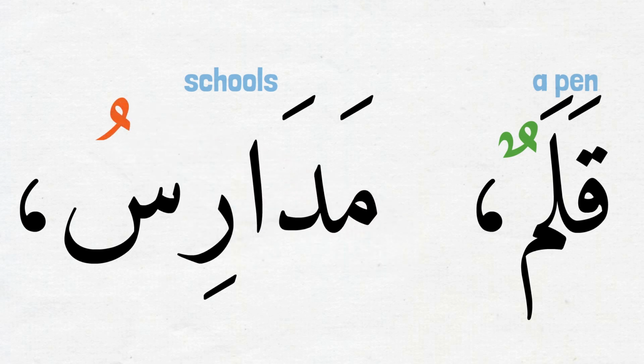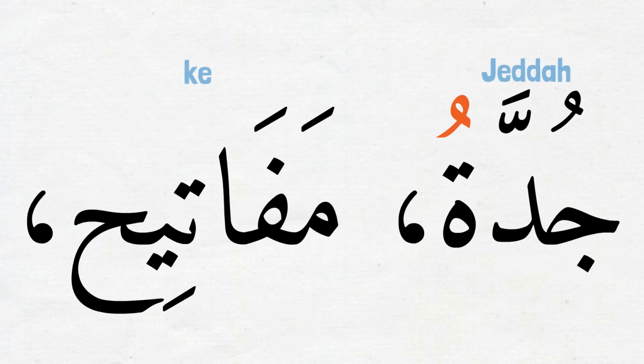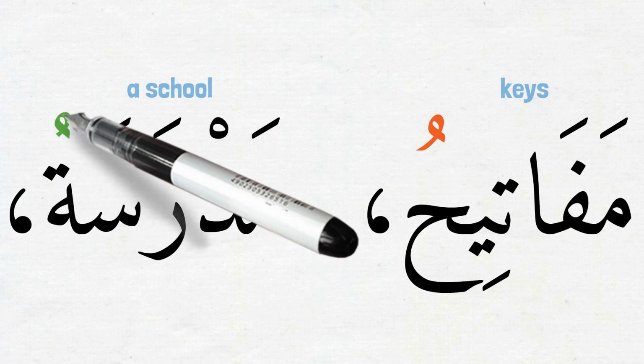مدارس, schools. It is a diptote following the pattern مفاعل, group number 6. جدة, it is a diptote because it is a feminine proper noun. مفاتيح, a diptote on a pattern مفاعيل. مدرسة.